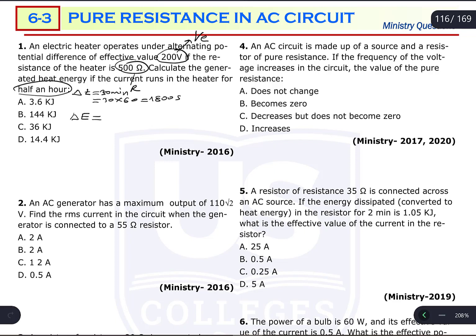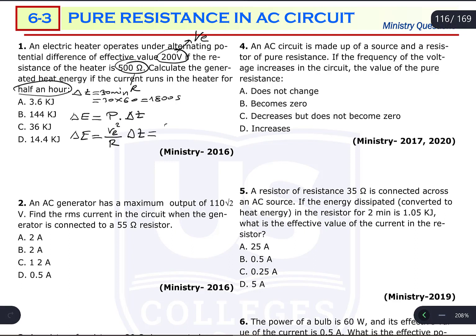The equation for calculating energy is the power of the heater multiplied by delta T. Because the effective value of the potential difference is given, delta E is the power equation in terms of effective potential difference, V effective squared divided by R, multiplied by delta T.